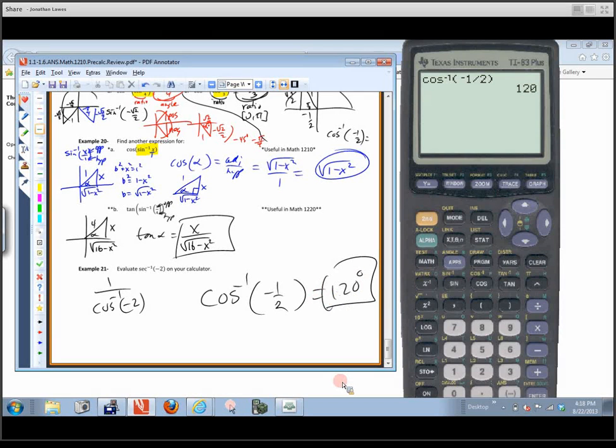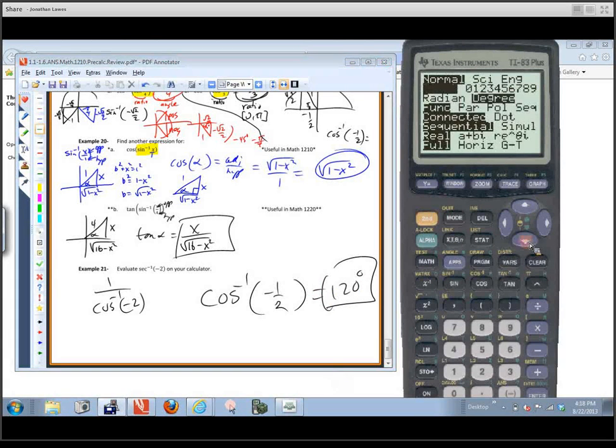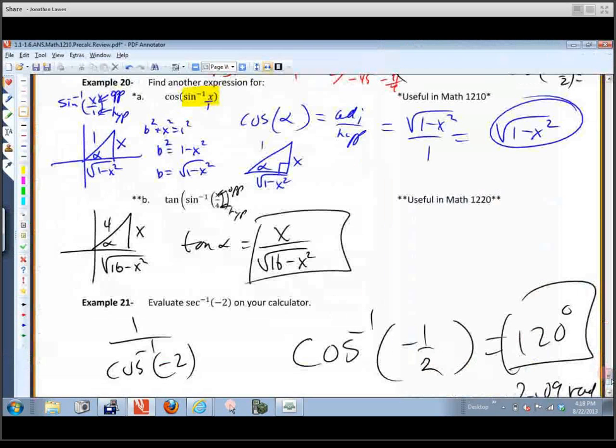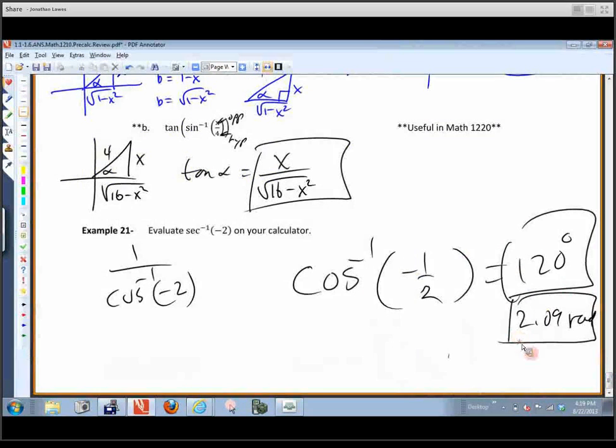But remember, we like to think of things in terms of radians. So I'm going to hit the mode, come down here and change that into radian mode. Go back here, recall that last command and hit enter, and I get 2.09 radians. Now let's double check and confirm that that's right. If you think about measuring 0, pi halves and pi, let's put these in decimals.